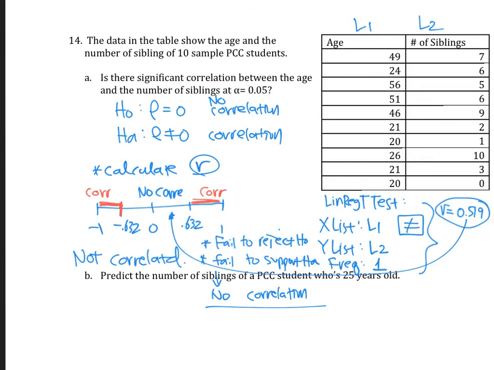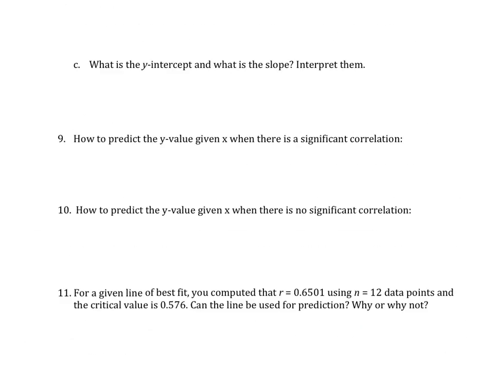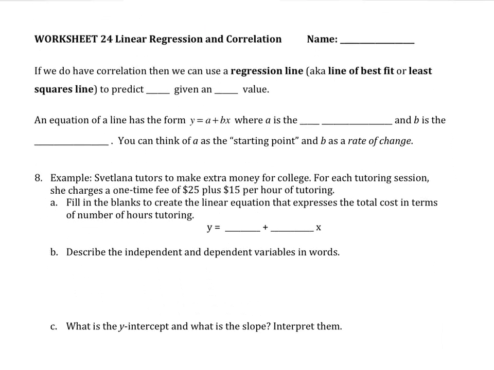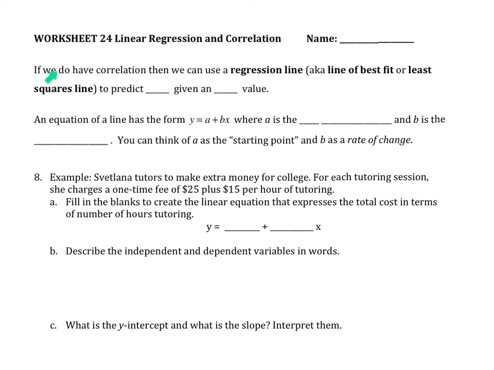Okay, let's go back to the example we were looking at here. If we do have a correlation, then you can use the regression line. You remember the testing we did was called linear regression t-test. It's called the best line of fit or least squares line to predict.